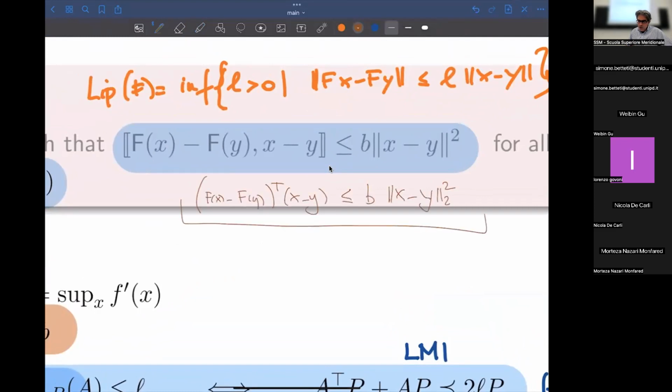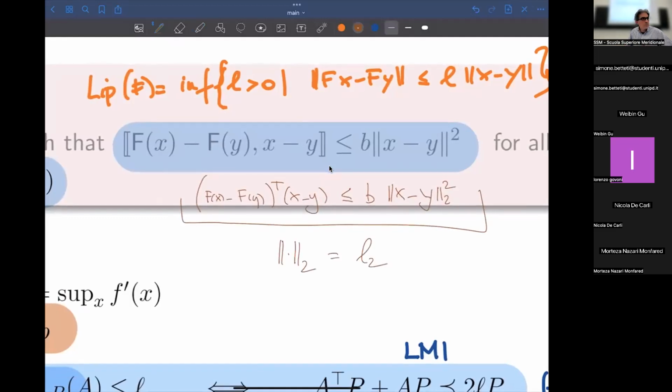So if you were working just with the 2 norm, that is the condition for one-sided Lipschitzness. The smallest number b that makes that equation come true for all x's and y's is the one-sided Lipschitz constant of the map F with respect to the two norm. Again, sometimes people call this the L2 norm. If you are working with arbitrary norm spaces, then you use this more general definition.